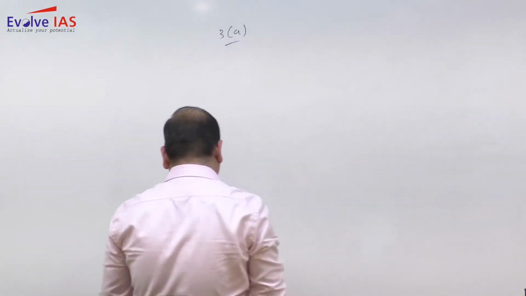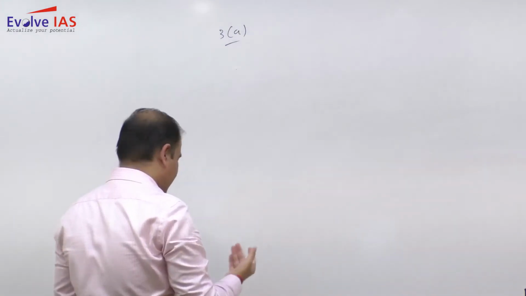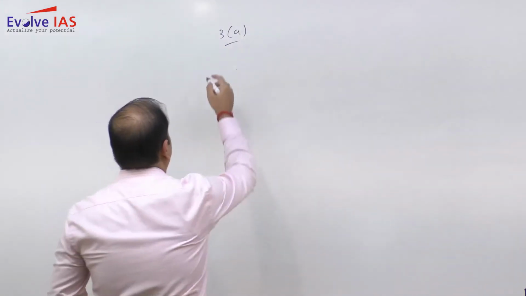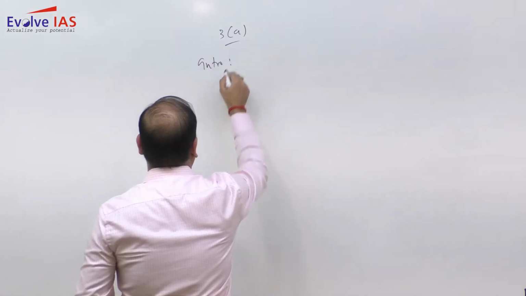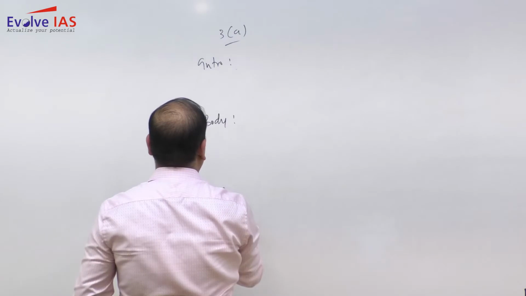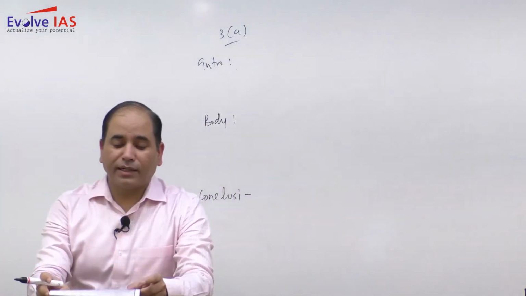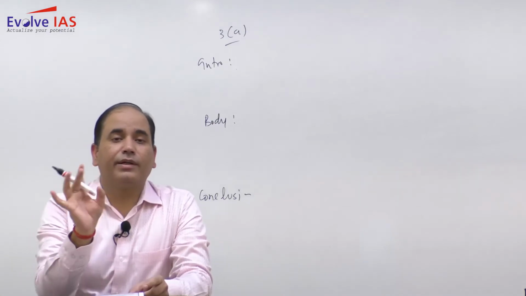If you look at the general pattern of answering this question, that is the structuring of the question, the question is asking simply about plants and animals that exist in a particular ecosystem.